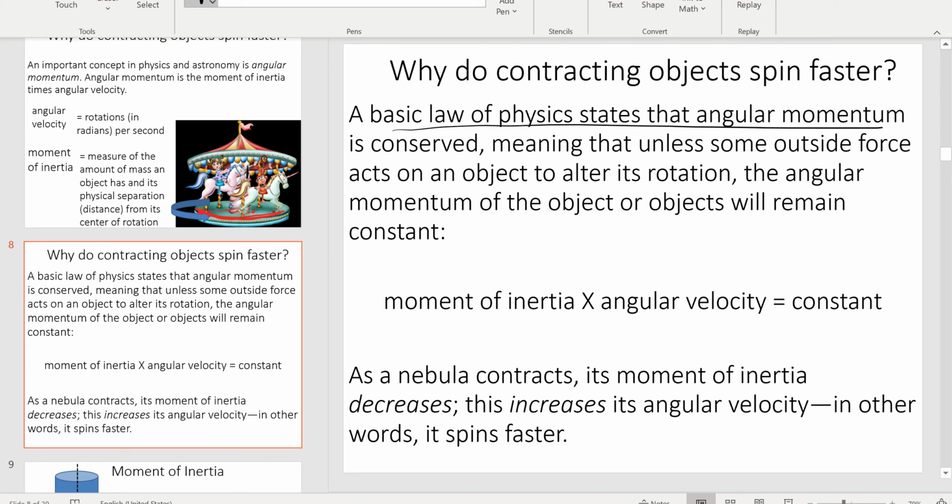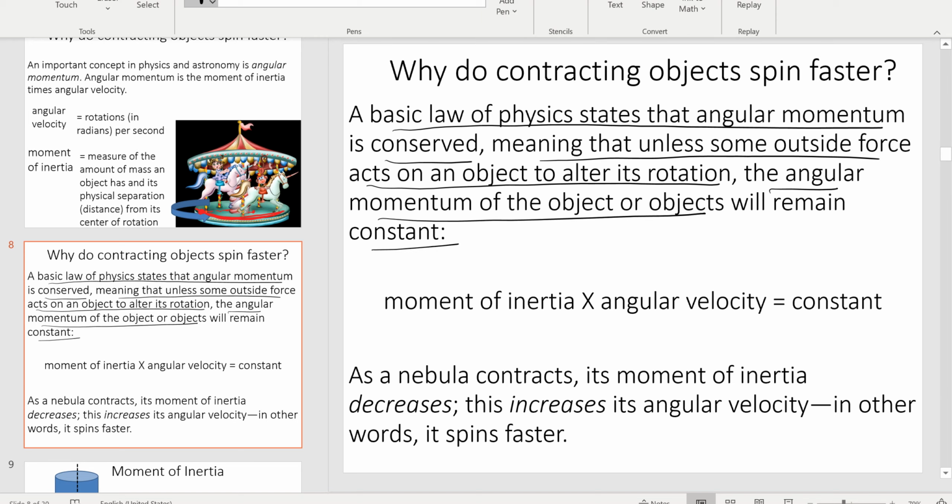The conservation of angular momentum says that unless some outside force acts on an object to alter the rotation, the angular momentum of an object or objects will remain constant. That means that the moment of inertia times the angular velocity is the angular momentum, and that remains constant. It turns out that as a nebula contracts, the moment of inertia decreases.